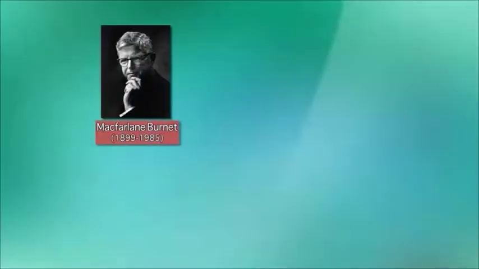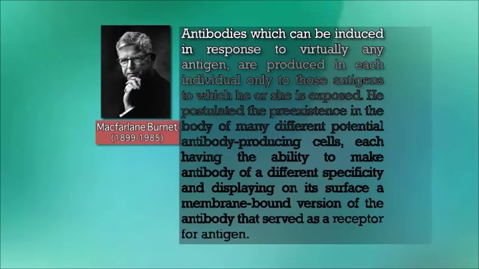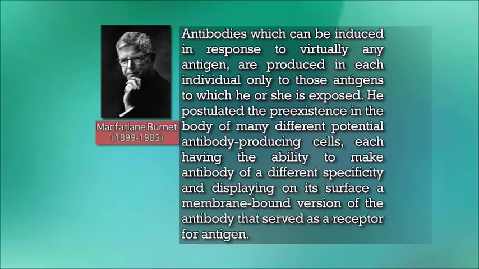Only those lymphocytes that encounter an antigen to which their receptor binds will be activated to proliferate and differentiate into effector cells. This selective mechanism was first proposed in the 1950s by Macfarlane Burnet to explain why antibodies, which can be induced in response to virtually any antigen, are produced in each individual only to those antigens to which he or she is exposed.